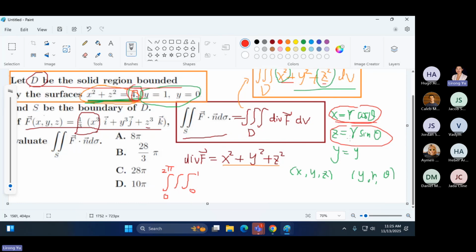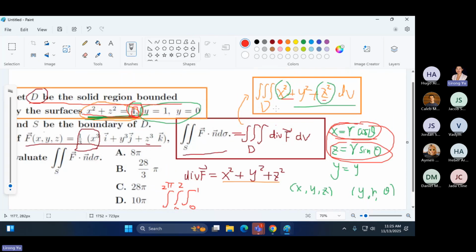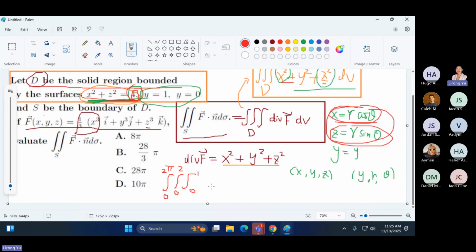R squared is x squared plus z squared, so x and z are within a circle of radius 2, from 0 to 2. I keep forgetting: that 4 is r squared, so r is 2. Inside, we have x squared plus z squared, that is r squared, and y stays as y, so y squared, and then we do dy, dr, d theta.